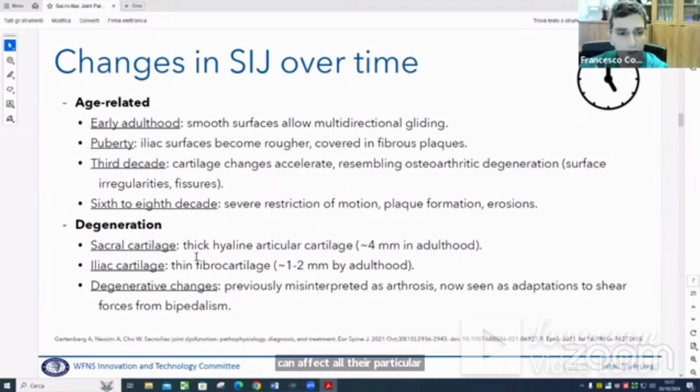Obviously, the degeneration can reduce the thickness of the sacral and iliac cartilage, and this provides less adaptation of this joint and can reflect on the lumbar spine and the hip.